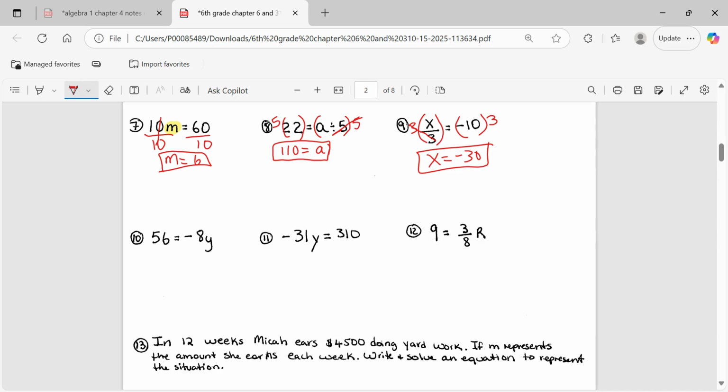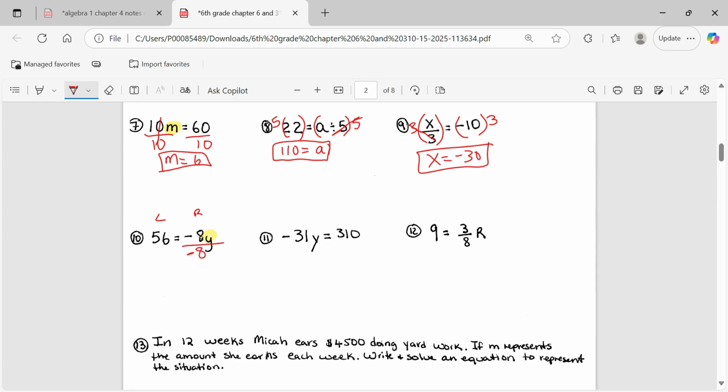For number 10, if I want to get y by itself, again, my y is hanging out on my right side. And it's being multiplied by the negative 8. So if I want to get y all by itself, I'm going to do the opposite of multiplication, which is division.